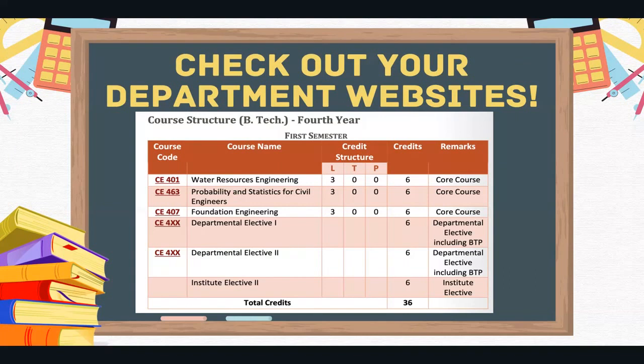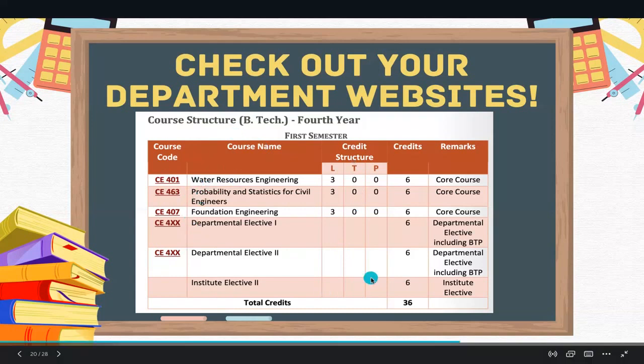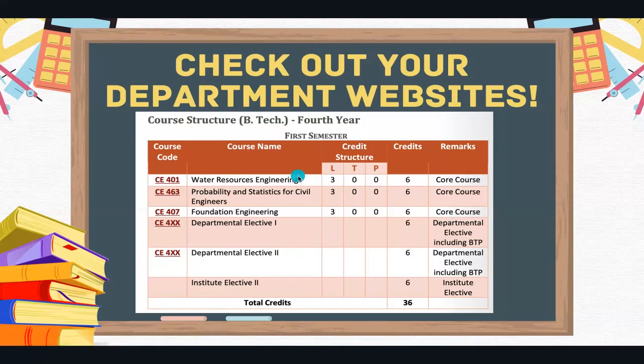Right. If you check your department websites, they state the curriculum for each year, each semester, and the courses for each semester. I have taken a screenshot of the department website of the Civil Department, showing the curriculum of the seventh semester.